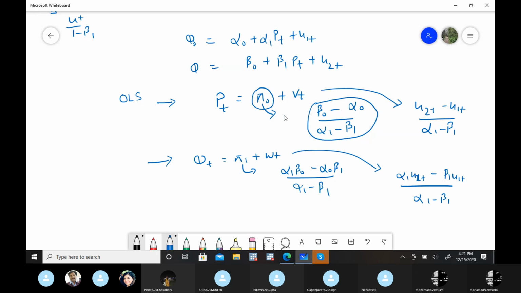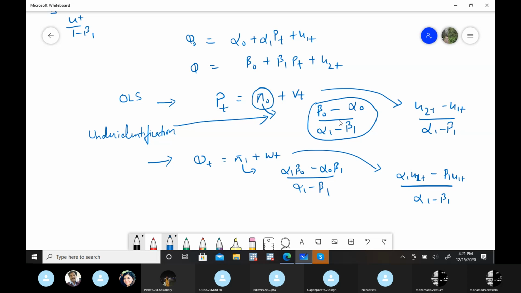So this is a case of under identification. The first problem with the reduced form of equations. Under identification. We have four estimates and we have only one value. So with one equation, four estimates are not possible, right? This is a case of under identification.